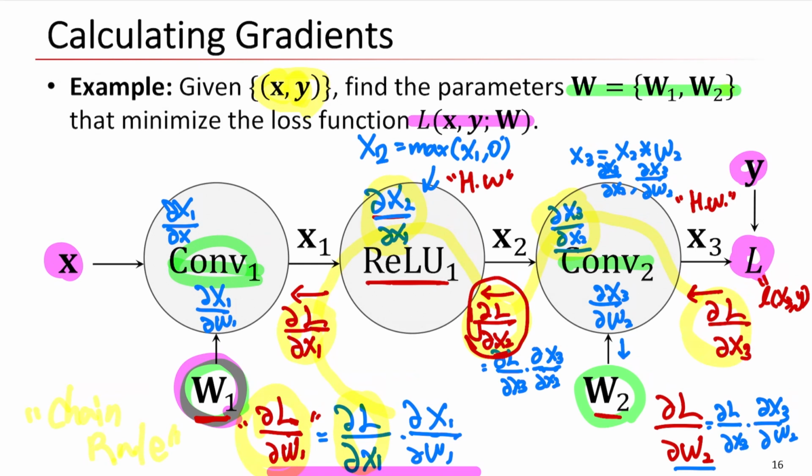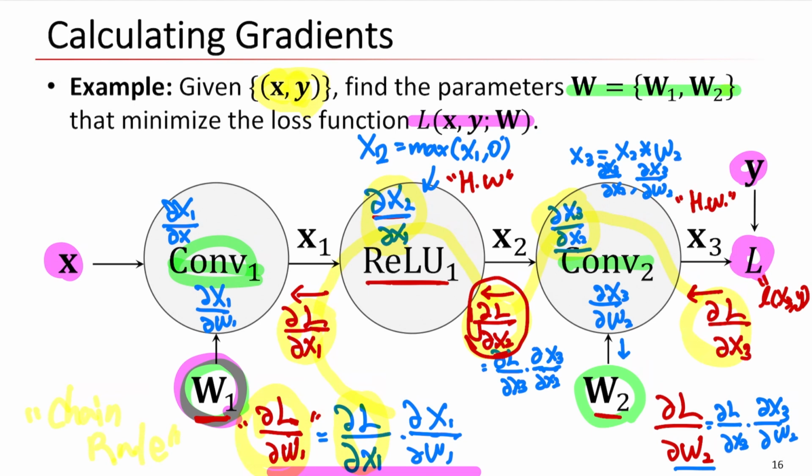Actually, this is a very simple version because there are only two convolution layers with one ReLU function. But if you have more convolution layers with a more difficult network, you can do similar things.